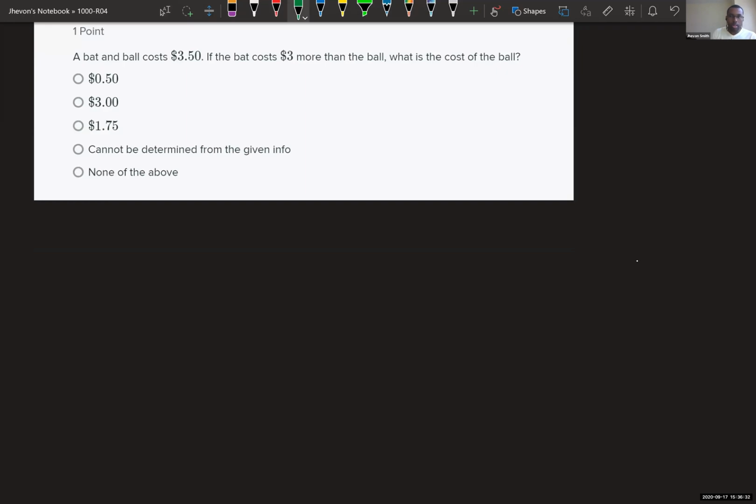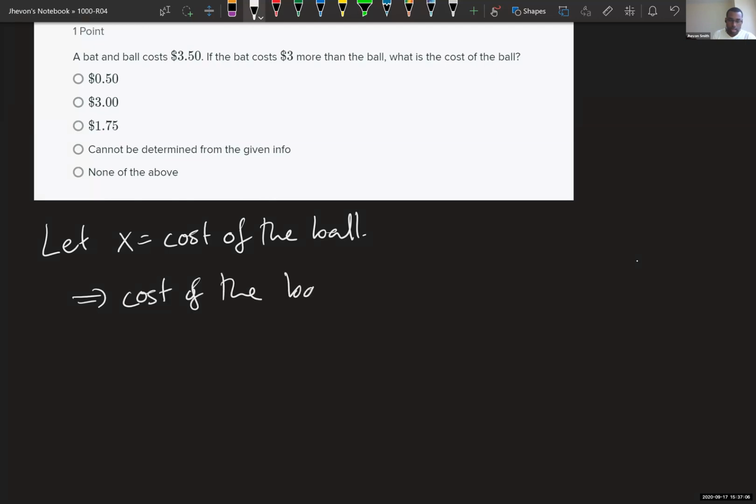Okay, so what are you calling the cost of the ball? X. So let x equal the cost of the ball. Now, you could set up a system of equations with a different variable like x and y, but that's not necessary here because we do know how to write the cost of the bat in terms of x.